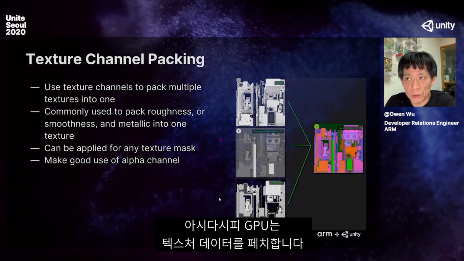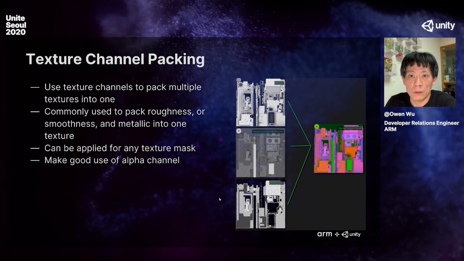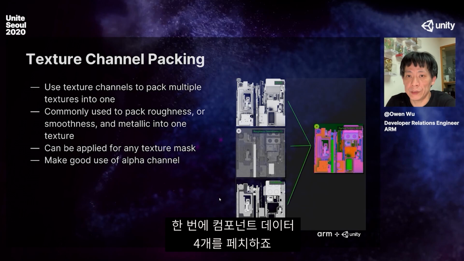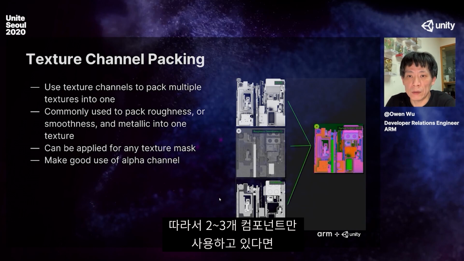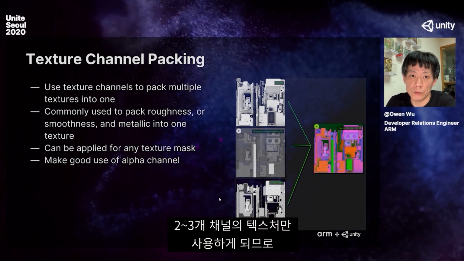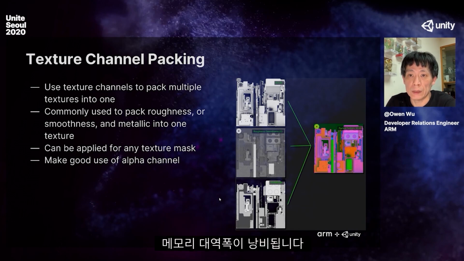And we all know the GPU will fetch the texture data, fetch 4 component data at once. So if you are just using 2 or 3 components, that means you just use 2 or 3 channels of the texture. It's a kind of waste of the memory bandwidth.